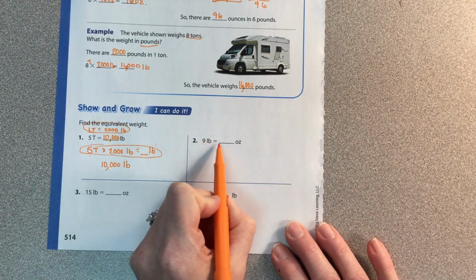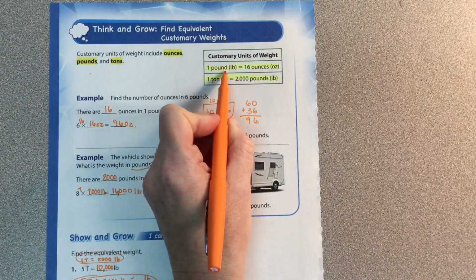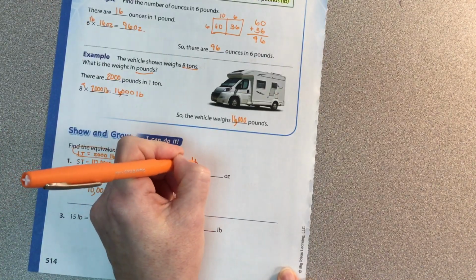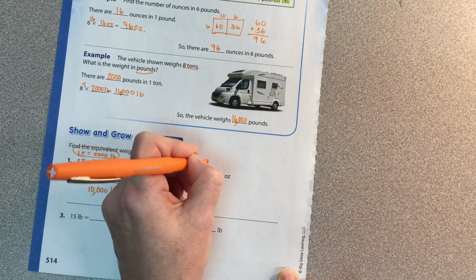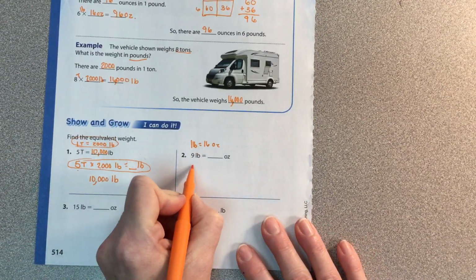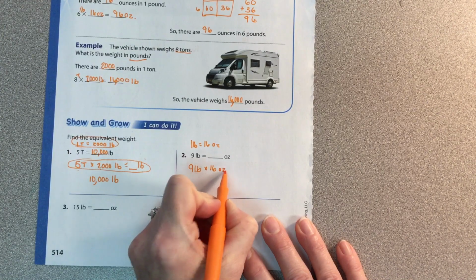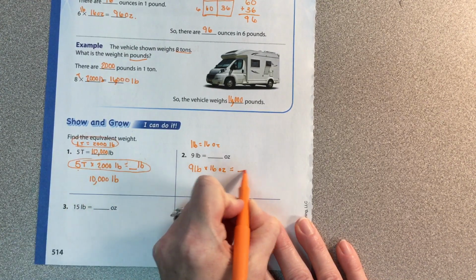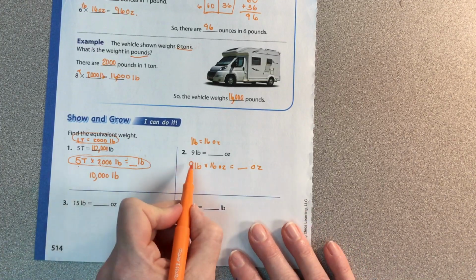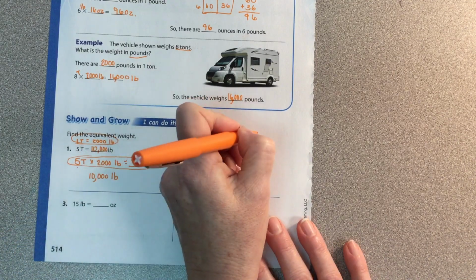9 pounds equals how many ounces? Well, 1 pound is 16 ounces. So 9 pounds times 16 ounces in a pound equals number of ounces. 9 times 16. Whew. Okay, let's use our space.